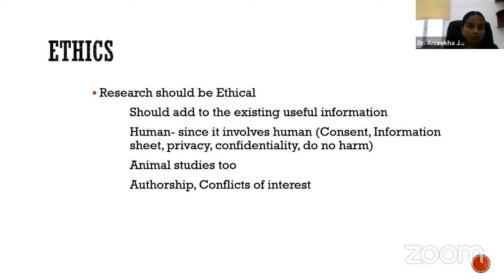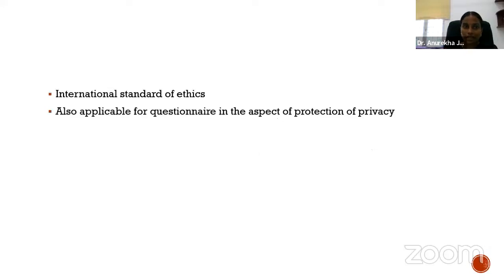So you have to give the roles assigned to each author in clear format in your publication. And if there are any conflicts of interest, it should be declared. And there are certain guidelines which are regulating this ethical practice of publication.